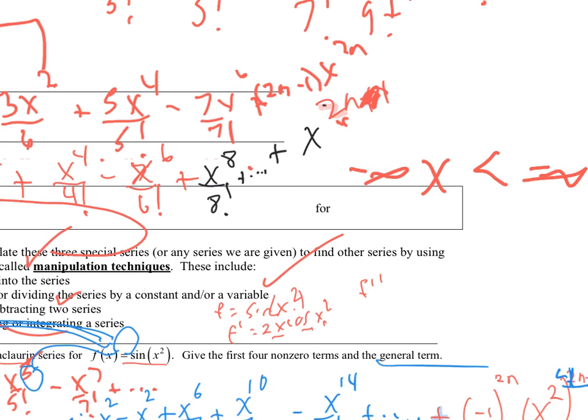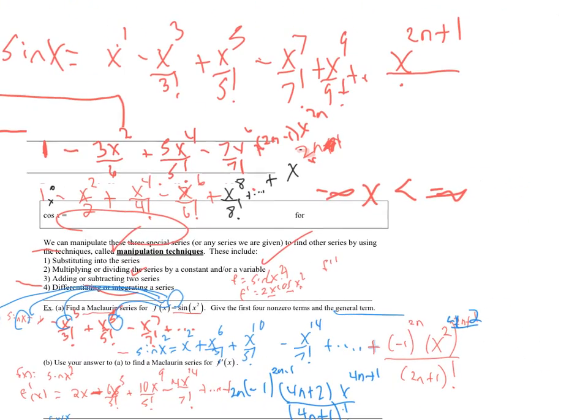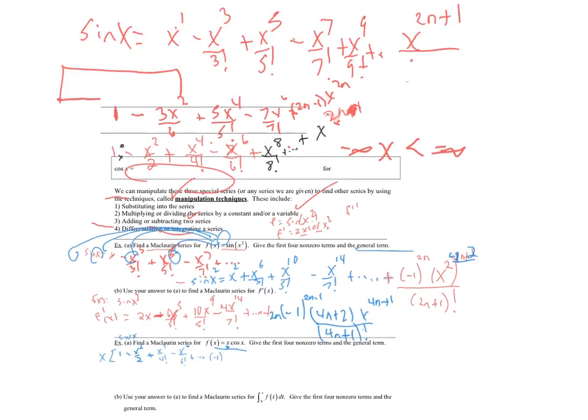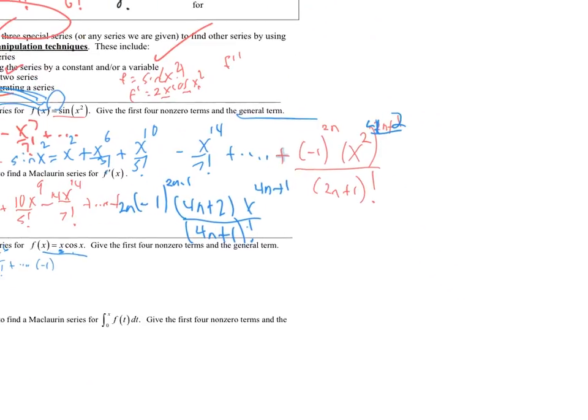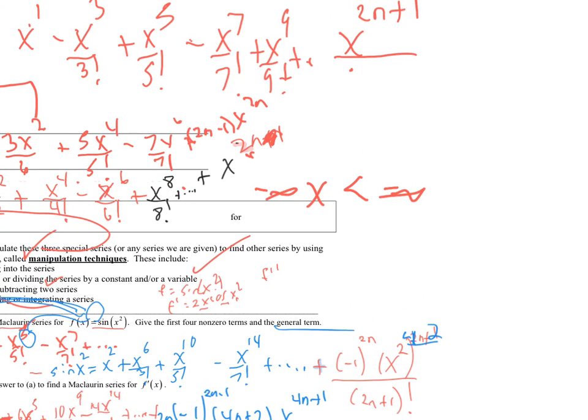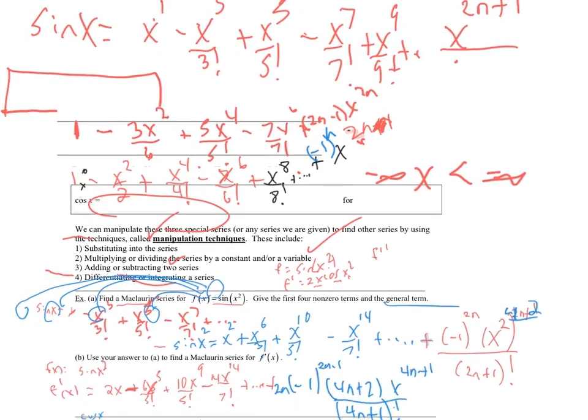It was minus 1 to the nth power. I should have written it up there. Then it was x to the 2n, I believe.